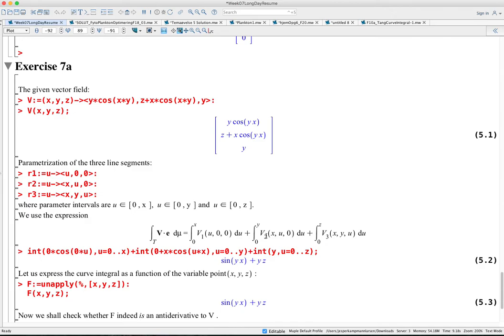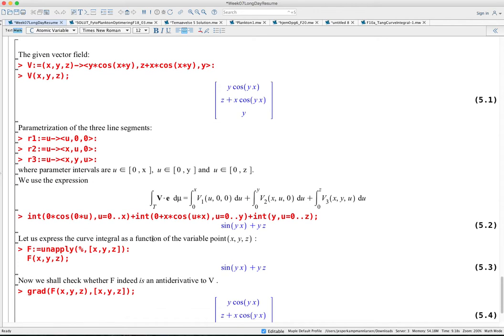Along the y-axis you get the y component of the vector field, and along the z-axis you get the third component of the vector field. So this is the expression for this line integral or curve integral.